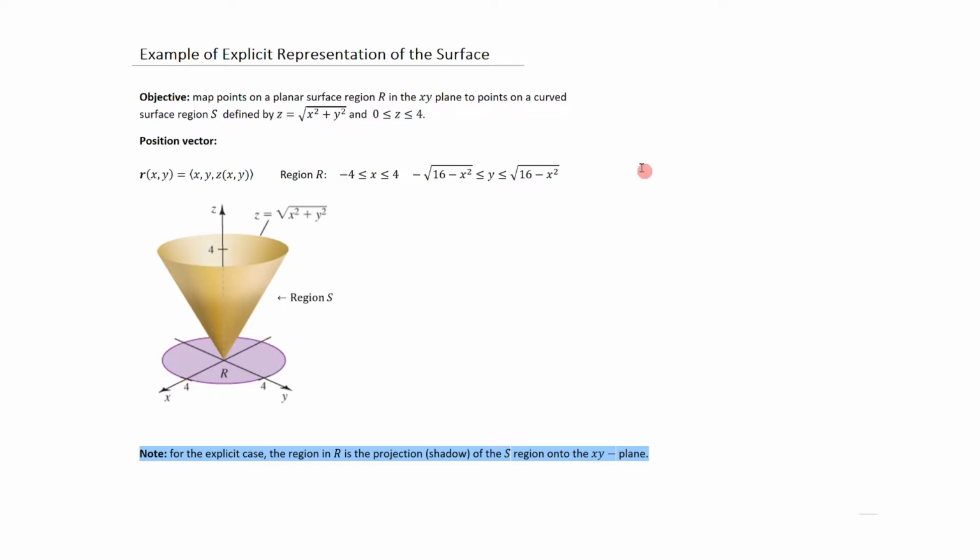Well, the upper circle represents square root of 16 minus x squared, whereas the lower circle represents minus square root of 16 minus x squared. The bounds on x would be from x equals minus 4, which is a line on the xy plane that's in the y direction, passing through the point x equals minus 4, and another line passing through the point x equals 4. So these become the bounds, upper bound, lower bound for the x integral, and the upper and lower bound for the y integral.